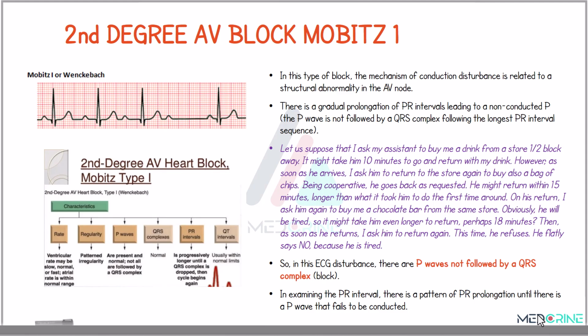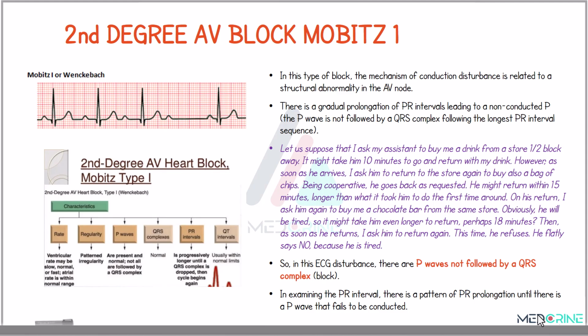So in the second degree Mobitz I type of heart block, the P waves are not followed by QRS complex, and in examining the PR interval, there is a pattern of prolongation until there is a P wave that fails to be conducted.